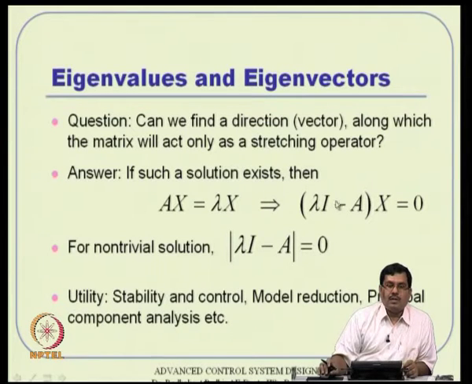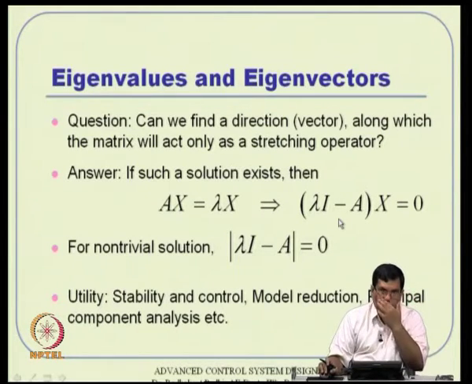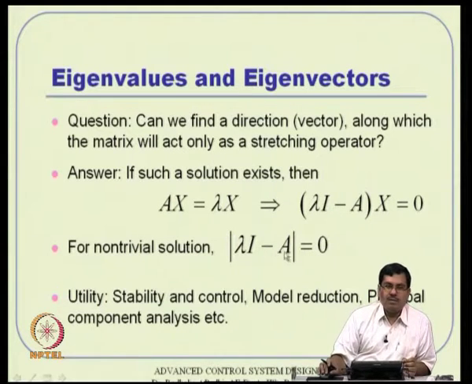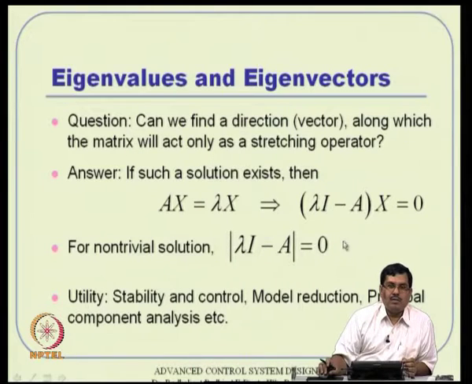Coming back to that, a non-trivial solution requires that the determinant equal 0, and that is what we typically see in undergraduate texts, commonly called the characteristic equation. Given a problem, we can directly jump into the equation determinant of (lambda I minus A) equal to 0 and formulate a polynomial in lambda if A is n by n.